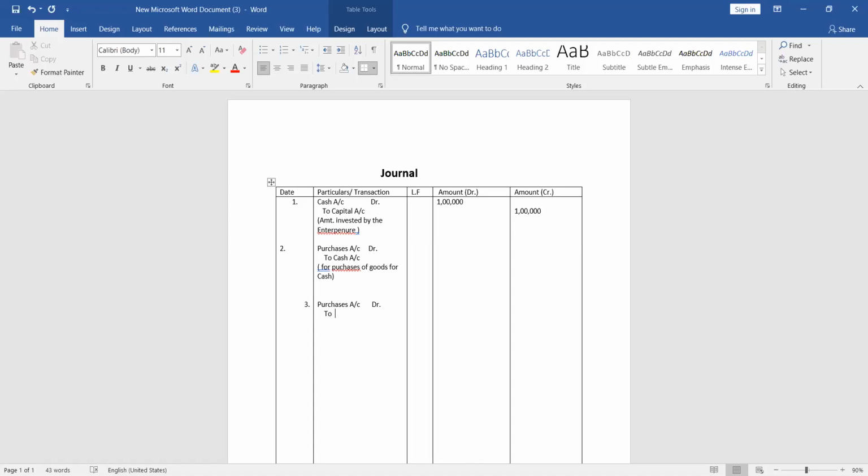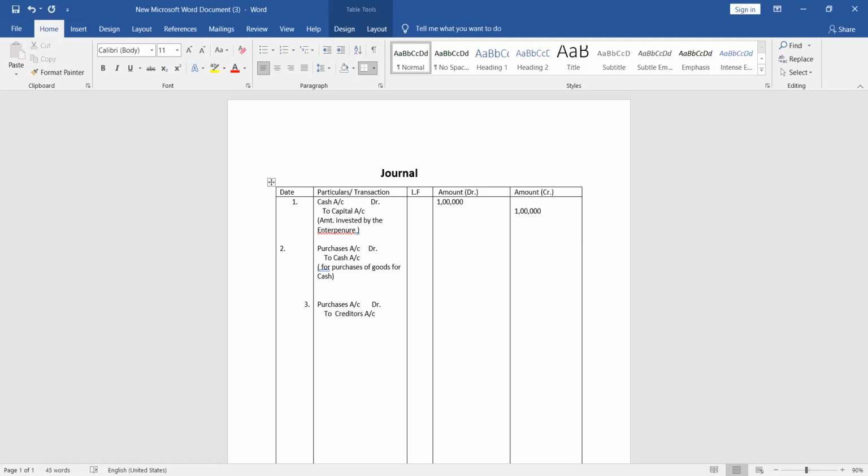Now we are purchasing the goods on credit. When we are purchasing the goods on credit, what is to be done in that case? The name of the creditor is to be shown over here, because the person who is selling the goods to us and we are not paying the money, the amount is due to him. He becomes the creditor. Debtor is the receiver, and creditor is the giver.